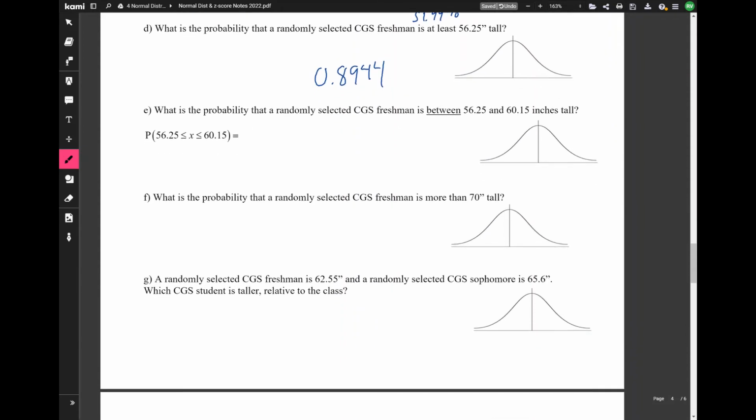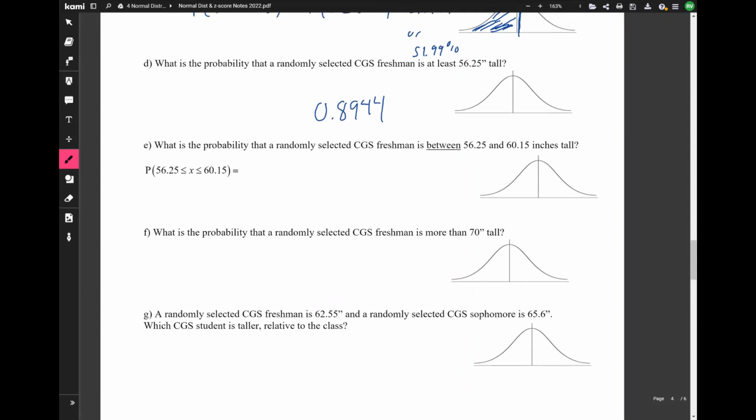Okay, part E. What is the probability that a randomly selected CGS freshman is between 56.25 and 60.15 inches tall? How do we find that? Well, this is a compound statement. So in symbols, what we mean is this right here: probability that the observed value is greater than or equal to 56.25 and less than or equal to 60.15.